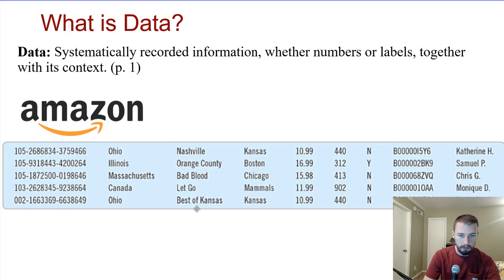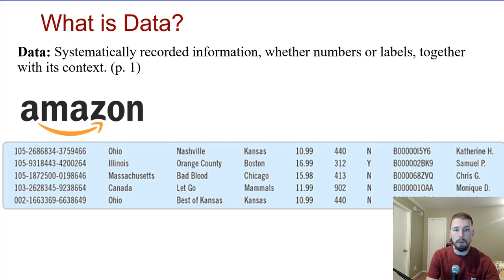Bad Blood, Best of Kansas. I don't know what this is. That could be some sort of title. Mammals, Camas, Chicago. Okay, this is a mess, right? Is this the price? I don't know. There's no units, right? So that's kind of bad. Yes or no, I get that part. Some kind of serial number, and then that's probably the person purchasing it.